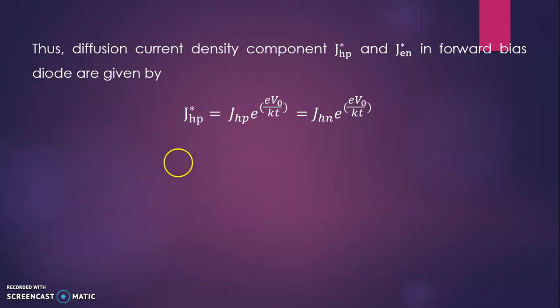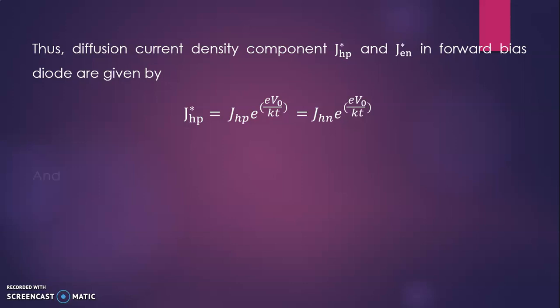This current density of holes in the P side is the same as the current density of holes in the N side, and this component, even though the diode is connected in forward bias, will remain the same.